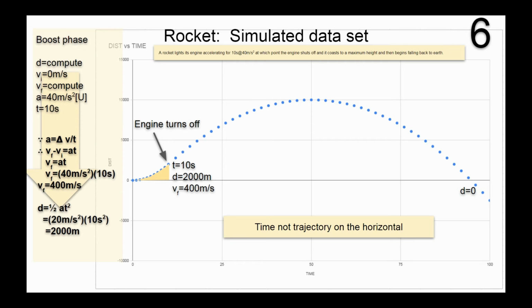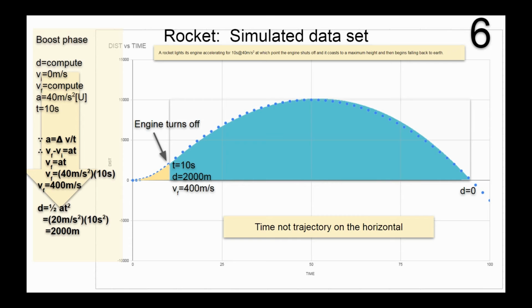Now these values will have to get passed forward into that coast phase. So which values get passed forward? The final speed during the boost phase now becomes the starting speed in the coast phase. And the problem starts at an initial altitude of 2,000 meters now. Gravity is providing the acceleration.